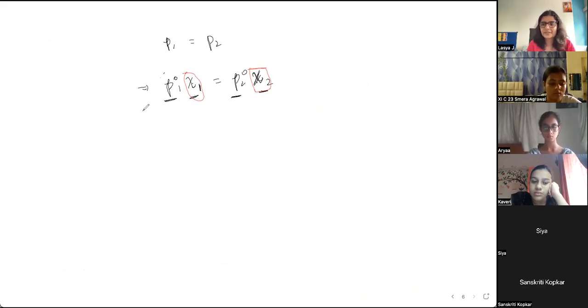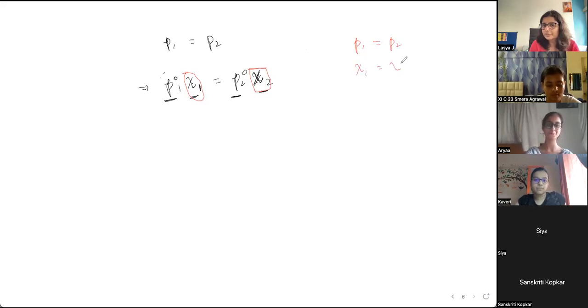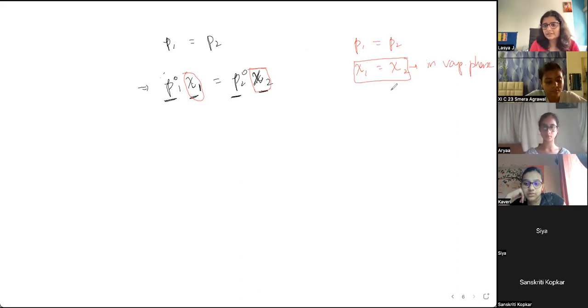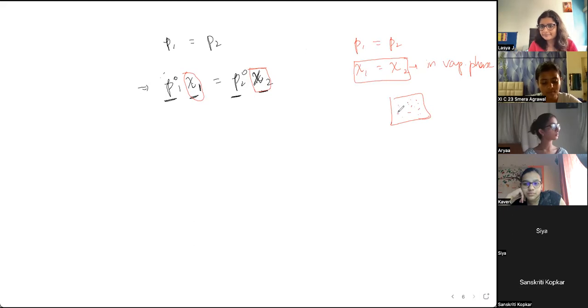I didn't get it. So you had a thought that if the partial pressures are equal, then the mole fractions should also be equal, right? This is the case in the vapor phase. If you look at only gases, if the number of moles are equal then their partial pressures will also be equal.